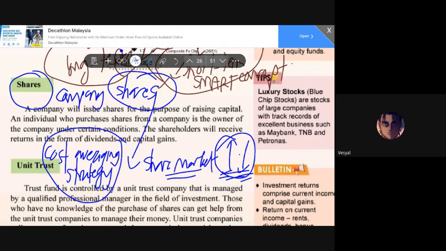So for raising capital, you purchase shares under certain conditions, and shareholders receive the returns. The returns are in the form of dividend and capital gain. Dividend is basically a percentage that you can calculate. Let's say a 5% dividend of the average cost per share unit times the number of share units you buy.